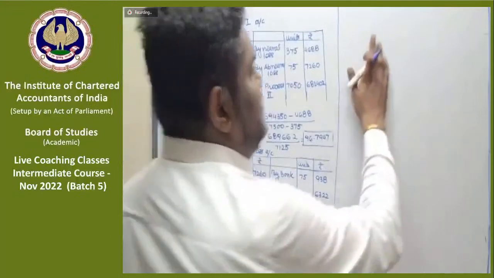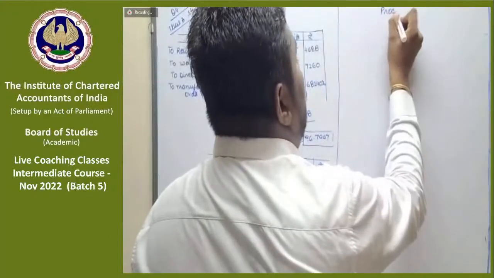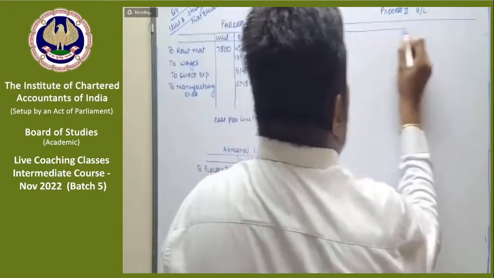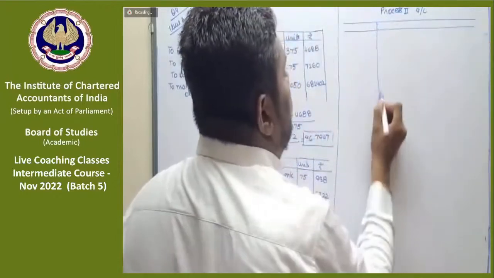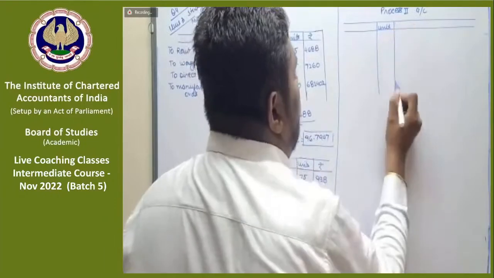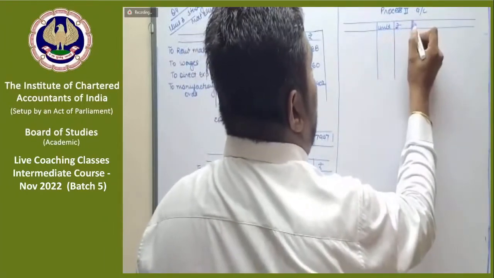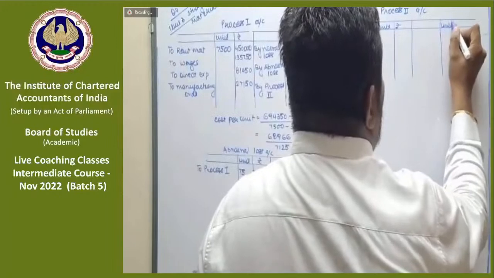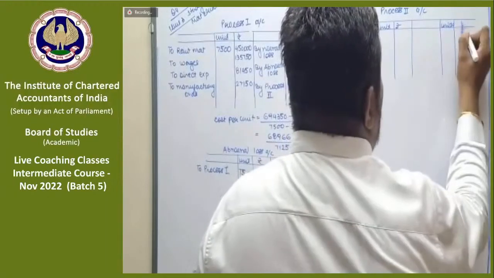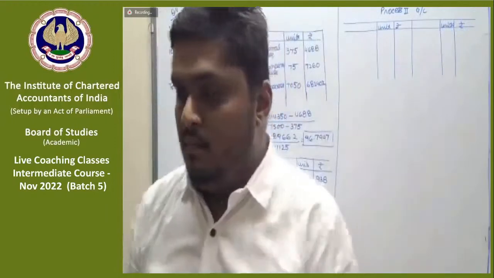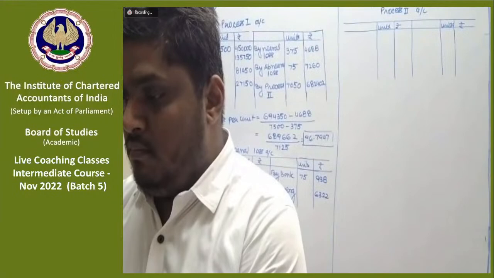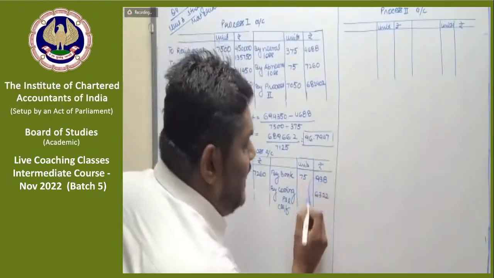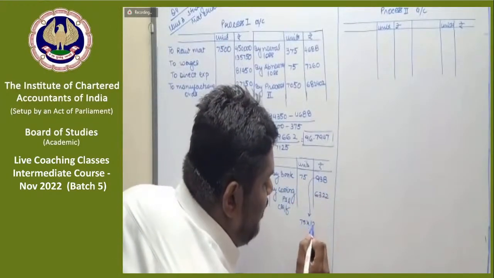Let's start with the preparation of process second account. 75 into 12.5, this 938 is basically 75 into 12.5, my dear.